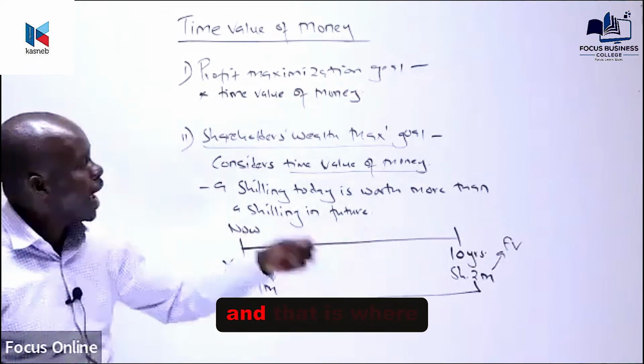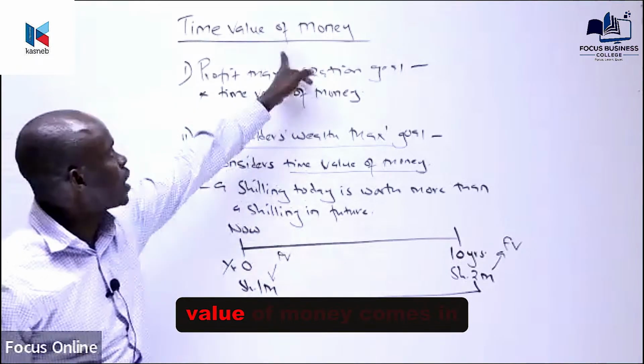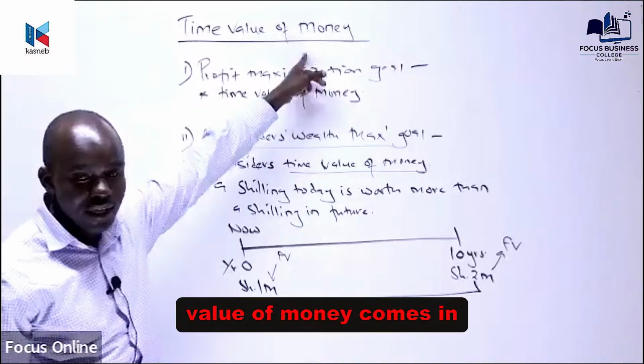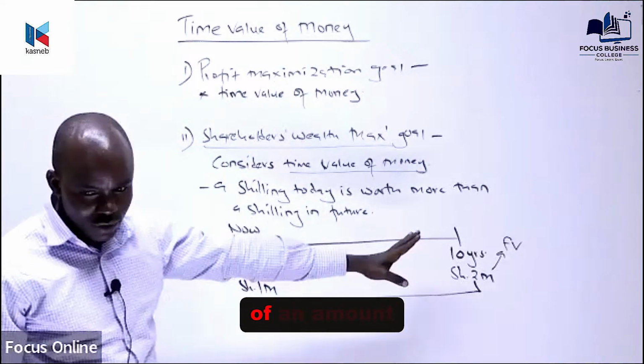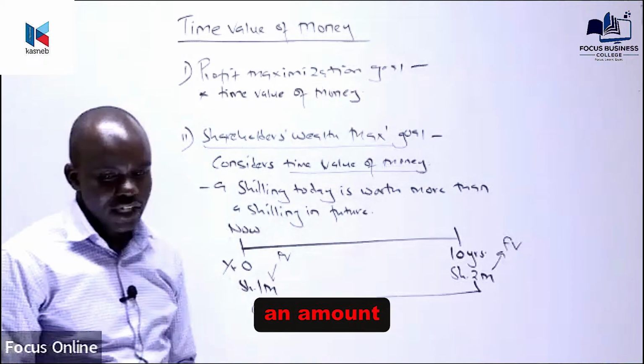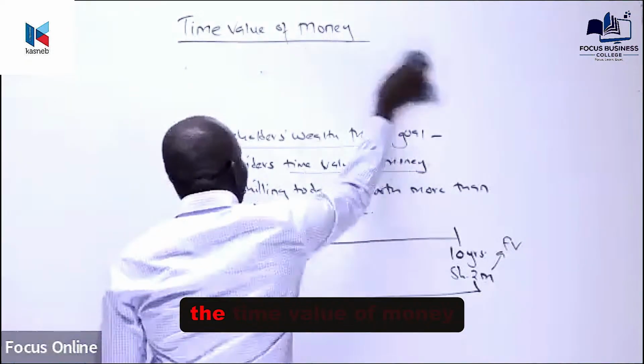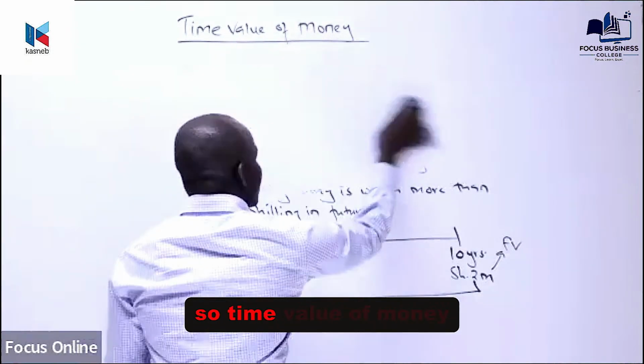And that is where the concept of time value of money comes in, determining either the future value of an amount or the present value of an amount. Now let's say something about the time value of money.